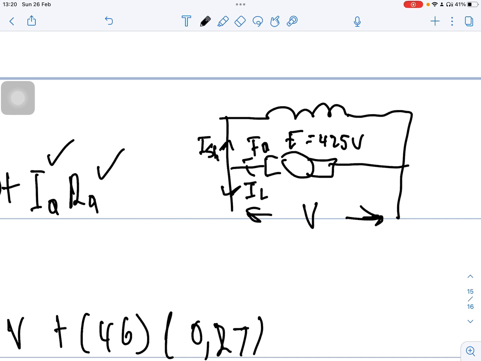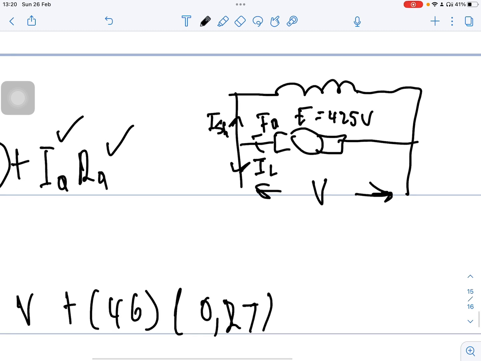There is a reason. Now we start to see why they were giving us that shunt field resistance. In this scenario, armature current is 46 amps.